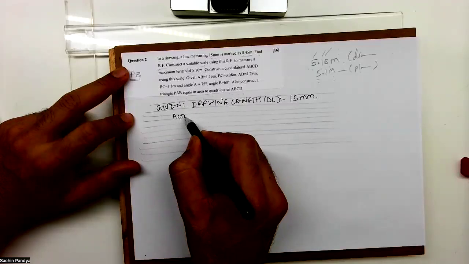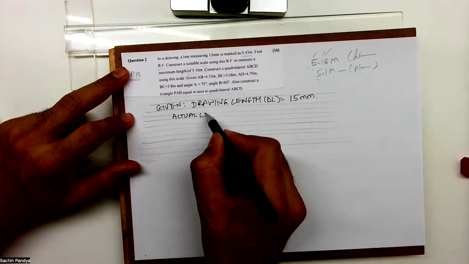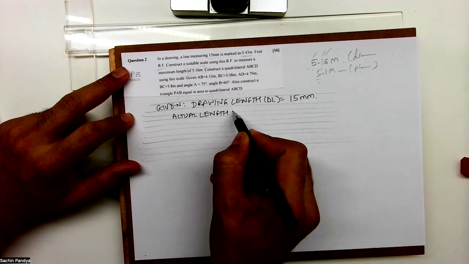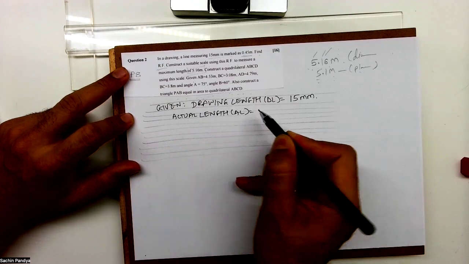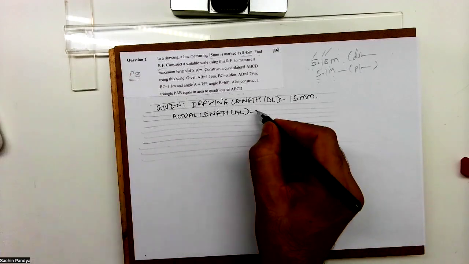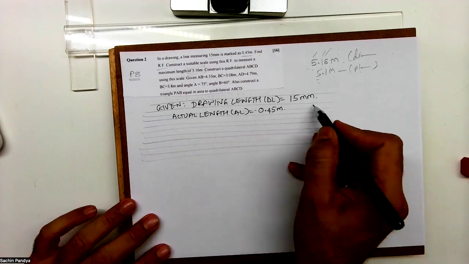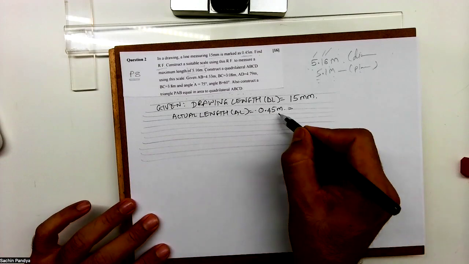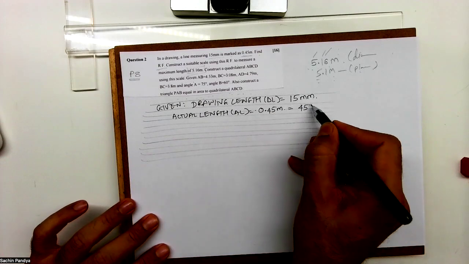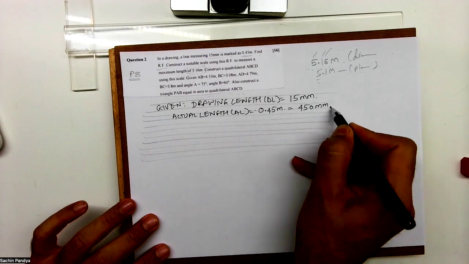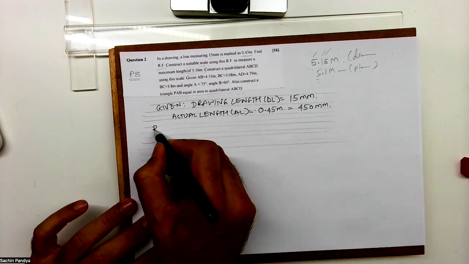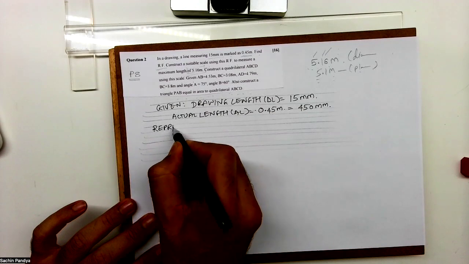The actual length is 0.45 meter, so it is 450 millimeter, right? Now I can write the representative fraction.